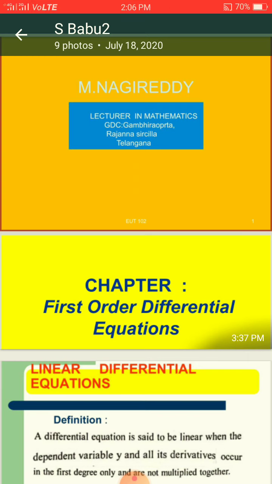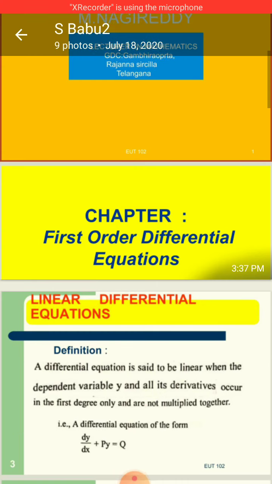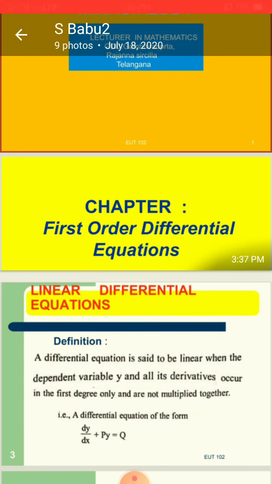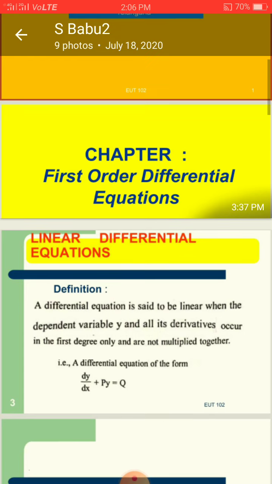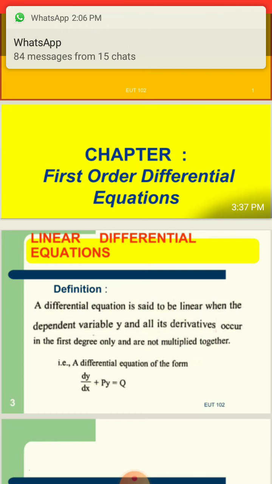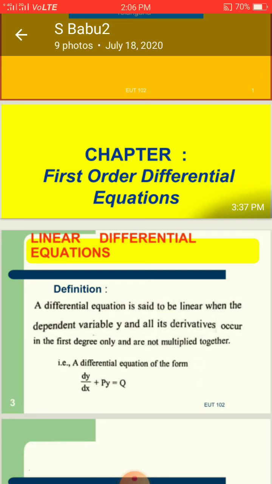So we consider firstly the chapter first order differential equations. In first order differential equations, firstly we are having the definition of a first order differential equation, and we find the order and degree.